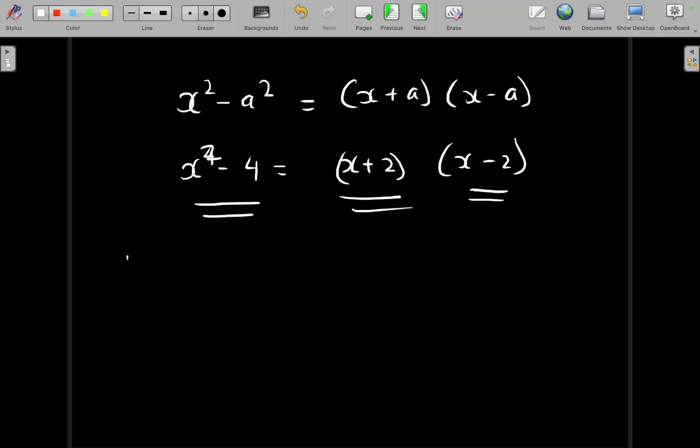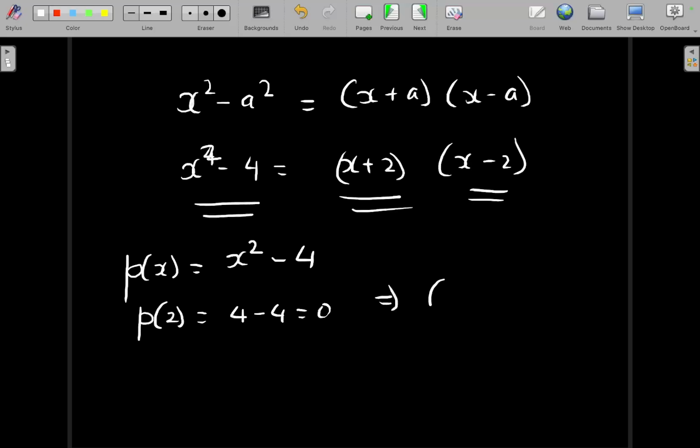Now suppose we start off by saying that p of x is a polynomial which is x square minus 4. Now watch p of 2. p of 2 is 4 minus 4 equal to 0, and that would mean that, as per the factor theorem, x minus 2 is a factor.